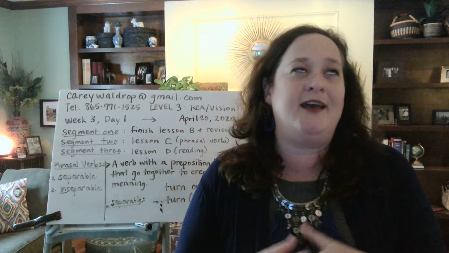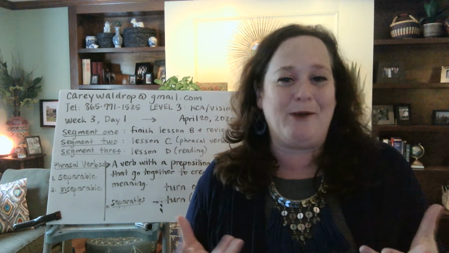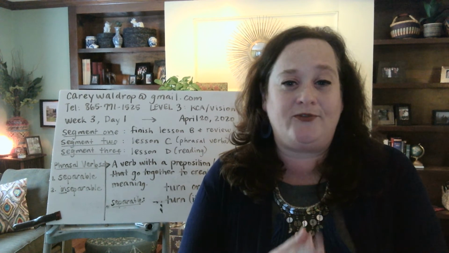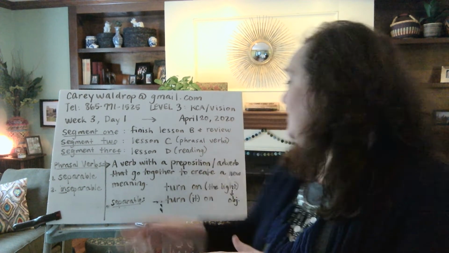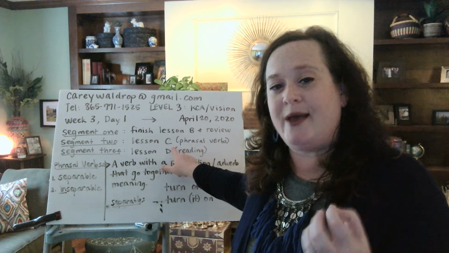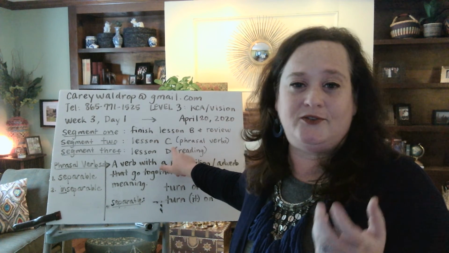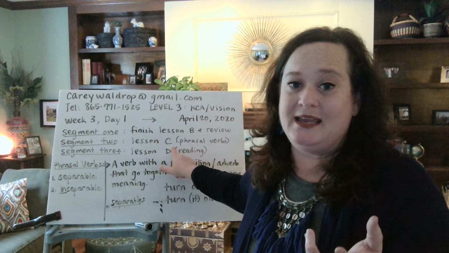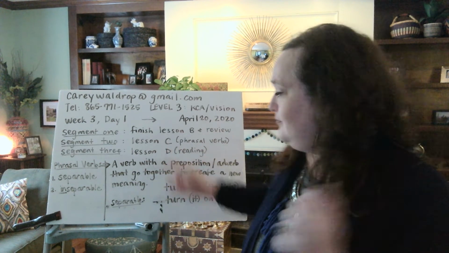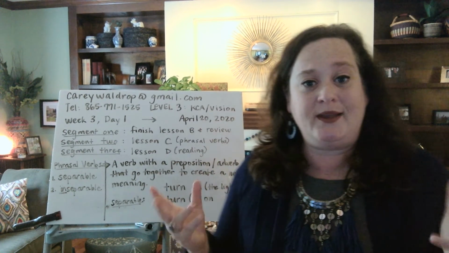You will find hundreds of examples. For the purpose of today, I will give just a few examples for each. Lesson C will focus on separable phrasal verbs, but I think it's also important to understand what inseparable phrasal verbs mean.